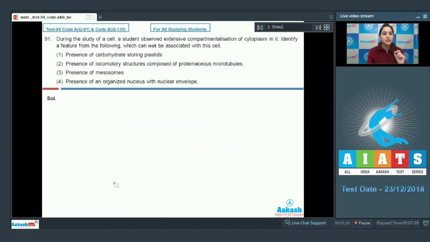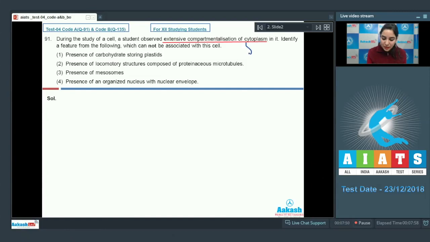Question says, during study of a cell, a student observed extensive compartmentalization of cytoplasm in it. So here we have a hint of extensive compartmentalization of cytoplasm. Guys, we have learned in our classes that extensive compartmentalization is a remarkable ability of a eukaryotic cell.